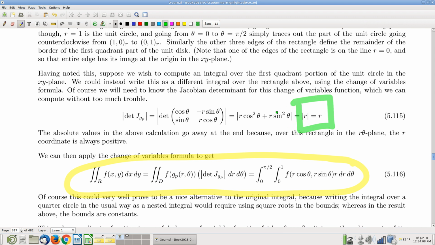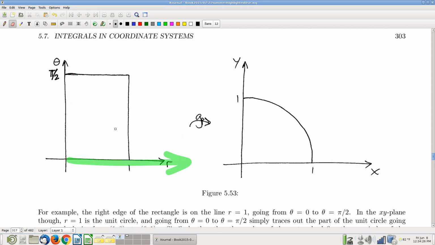Now, this is a very convenient little last-second adjustment to be able to make. Very handy to be able to get rid of those absolute values. Of course, the catch, what you have to be careful of in order to do that, is you just have to make sure that r is positive. So my advice is that even though you could get clever and think of a way to describe this region by using negative values of r and different values of theta, don't.